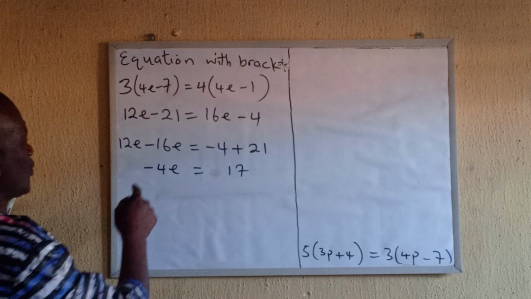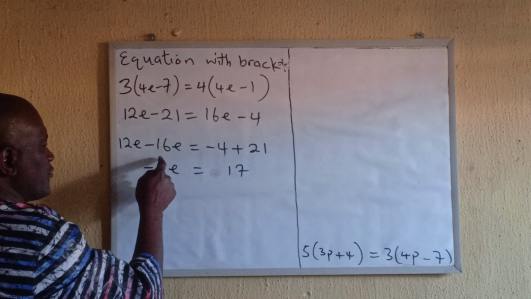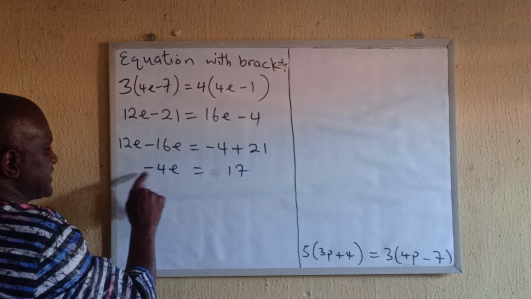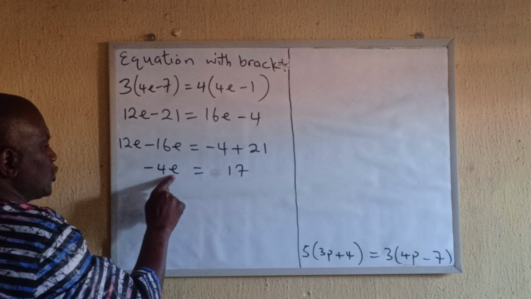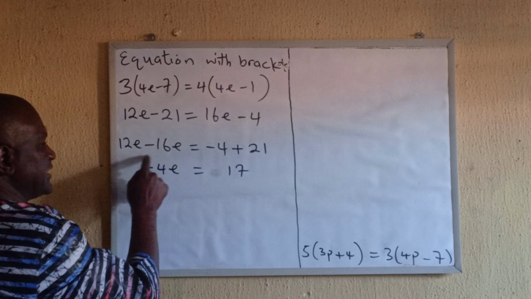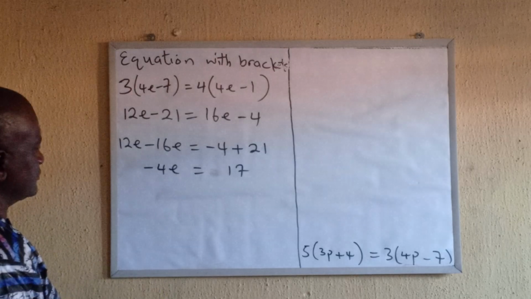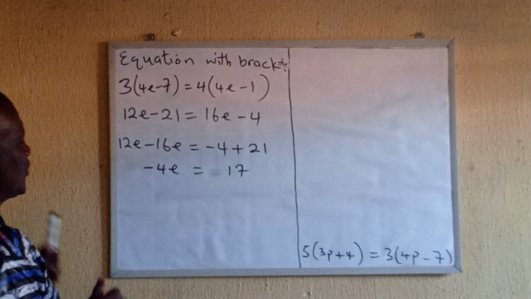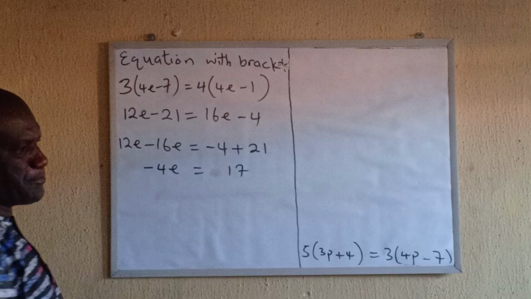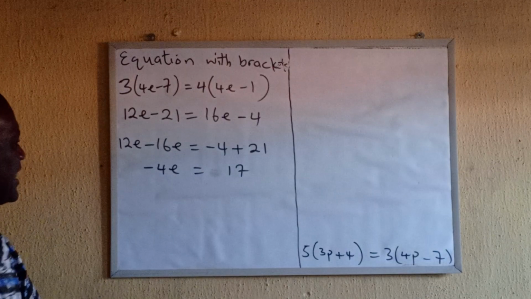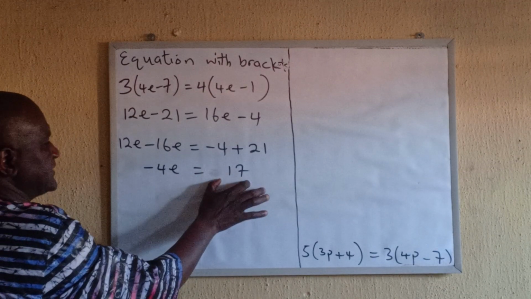So here now, we want to remove the coefficient. We emphasized in the last class that the coefficient of minus 4e is minus 4. Is that okay? So here now, we are dividing both sides by minus 4. This is the left hand side and this is the right hand side.